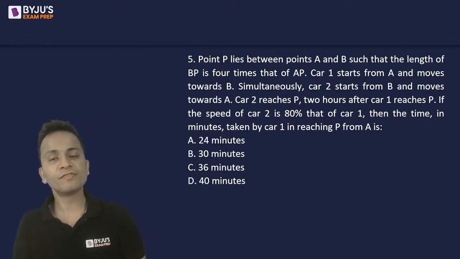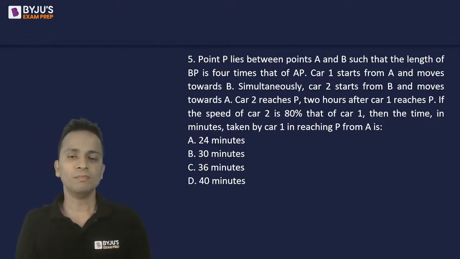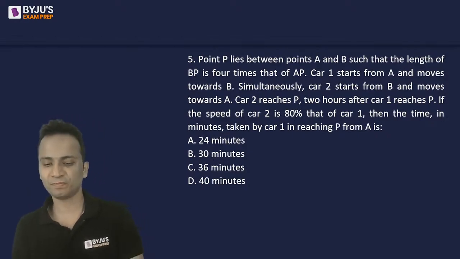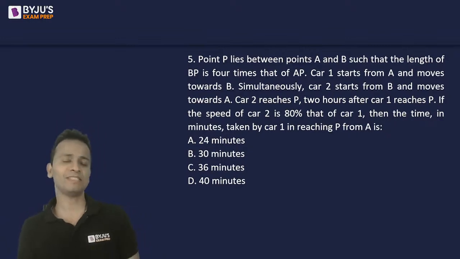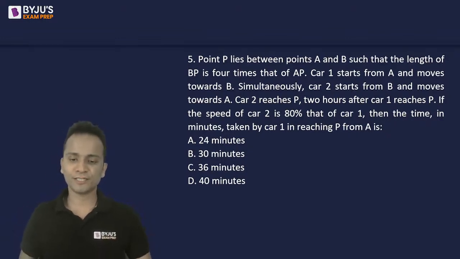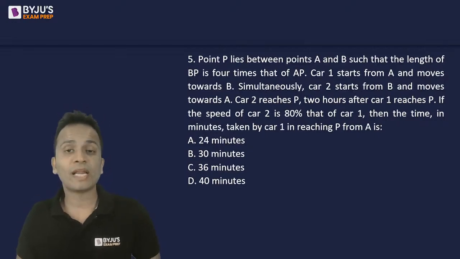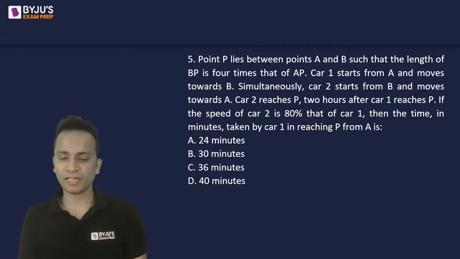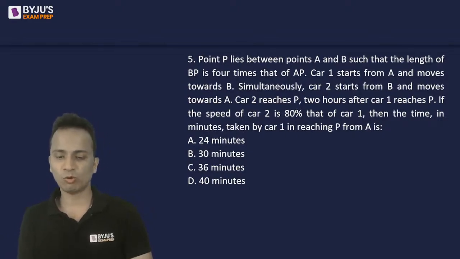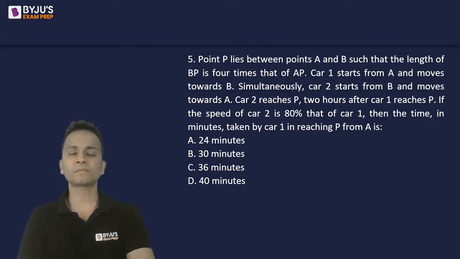Now, question number 5, I'm sure more than 10 students should give me a correct answer. This is my expectation, so let's see if I'll get what I'm expecting. I want a correct answer from at least 10 students who are watching this session. Now point P lies between A and B such that the length of BP is 4 times that of AP.